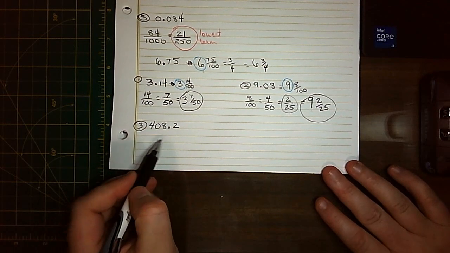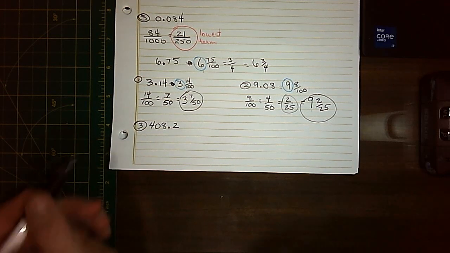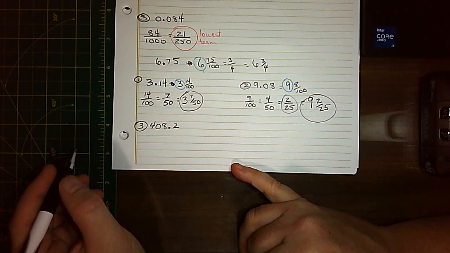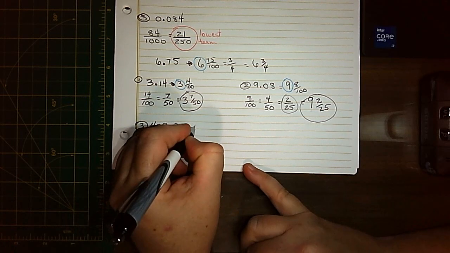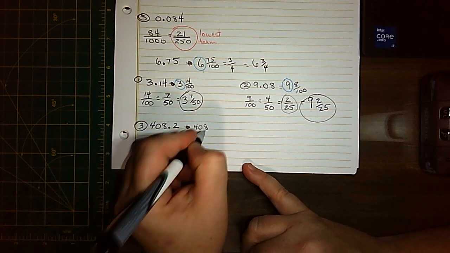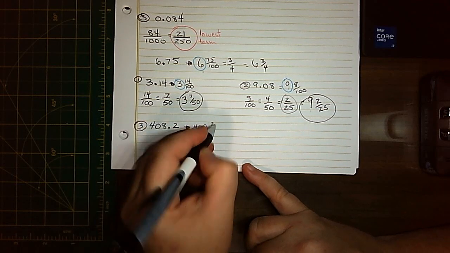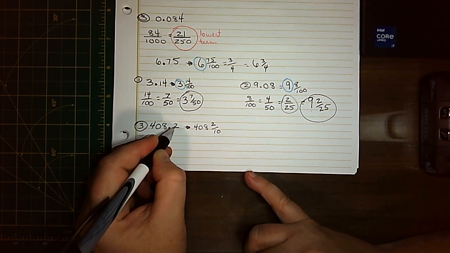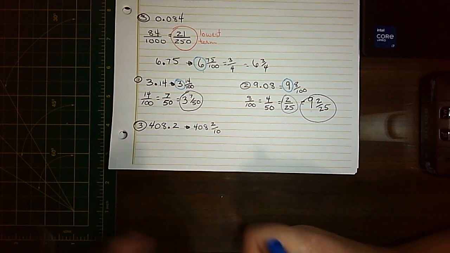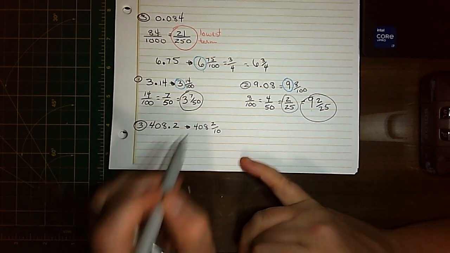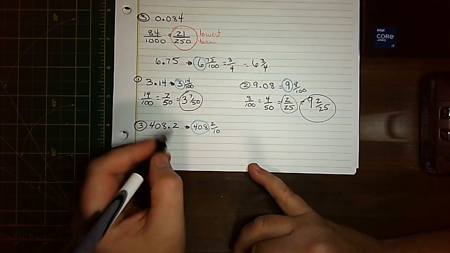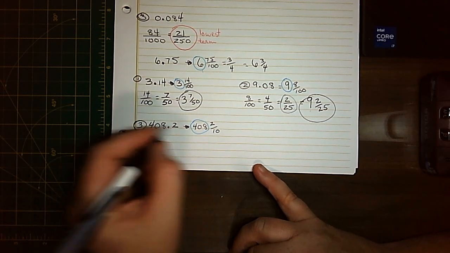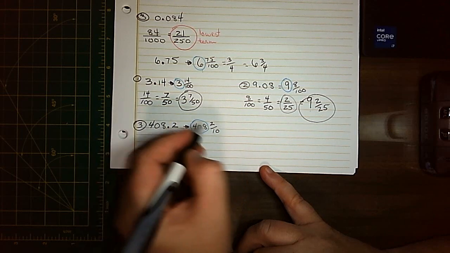So this last one here, 408.2. Again, we can write it as 408 and 2/10, because there's only one number. Okay. Again, isolate that big guy, and it's the 2/10.